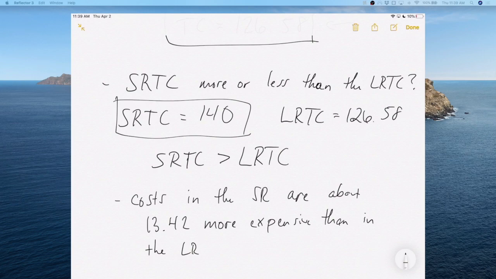So going forward, whenever you have a fixed level of capital, that's when you know that you're operating in the short run. Think about a firm that can't sell off a factory that it bought. It's hard to sell off a factory over the course of a couple weeks or a few months, but that's something that they could do over the course of a number of years. That just reflects the difference between the short run and the long run.